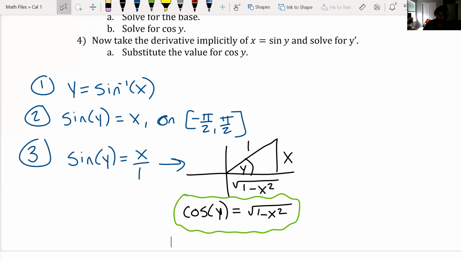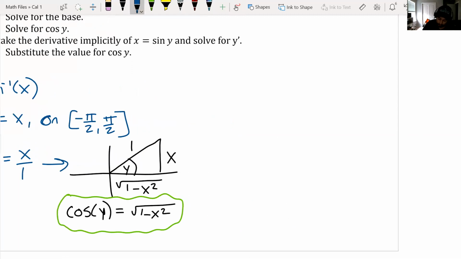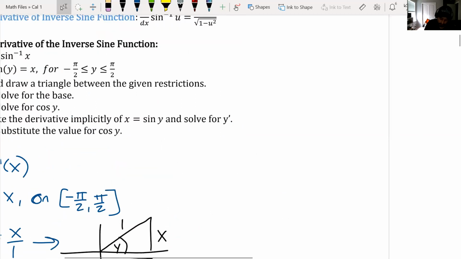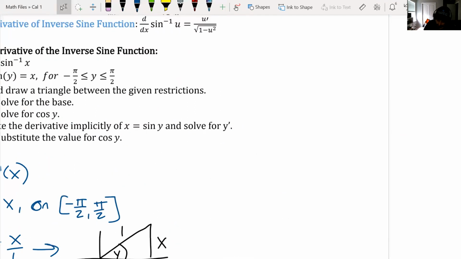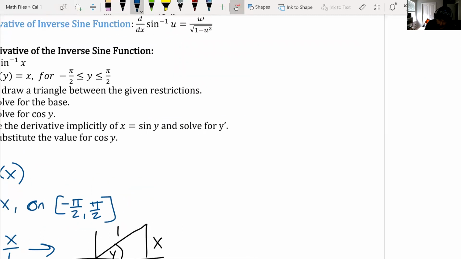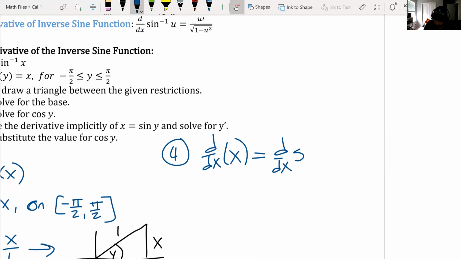Okay, now we come to step 4. Take the implicit derivative of x equal to the sine of y. Okay, well, the left side becomes 1.